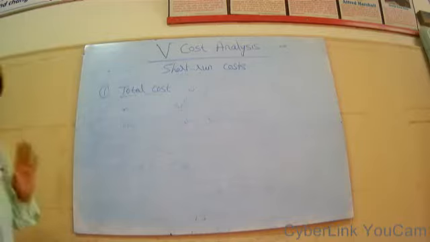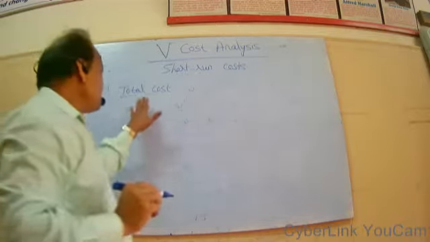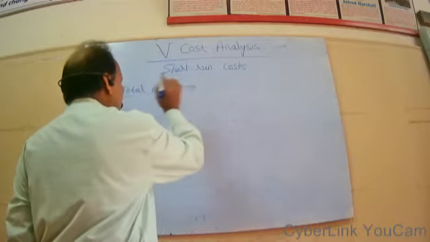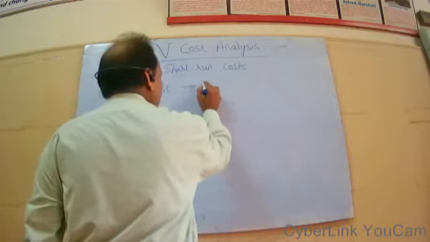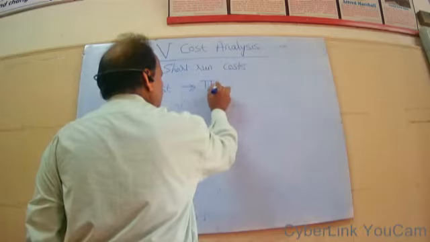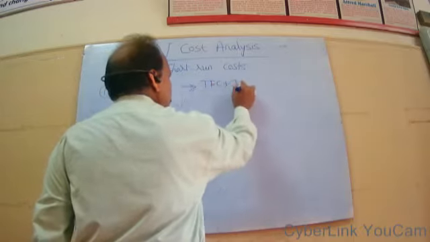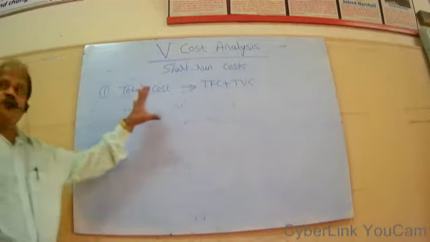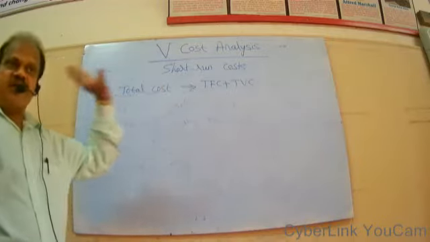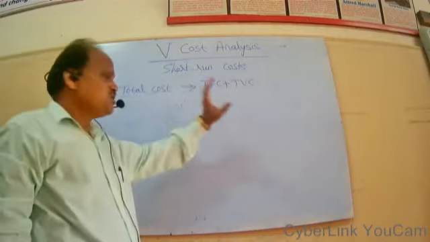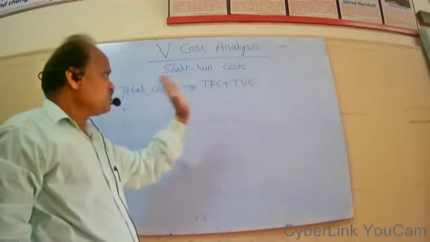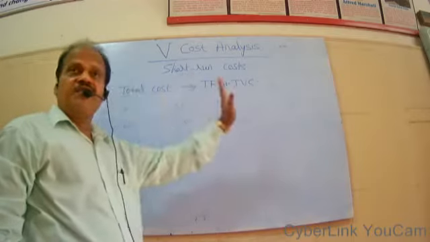Total cost refers to the total expenses incurred in the production of a commodity. In the short run, total cost is equal to total fixed cost plus total variable cost, because in the short run, costs can be classified into fixed cost and variable cost. Therefore, total cost is equal to total fixed cost plus total variable cost.